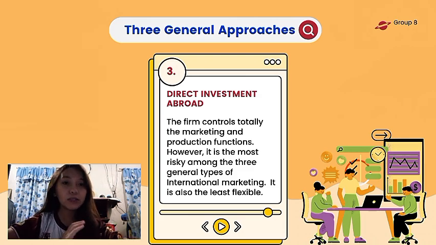Unlike exporting or joint venturing, the company controls everything: production, marketing, and distribution. This means they have complete authority over their business but also take on higher risk, because they handle it on their own, including financial investment, local regulations, and market uncertainties.